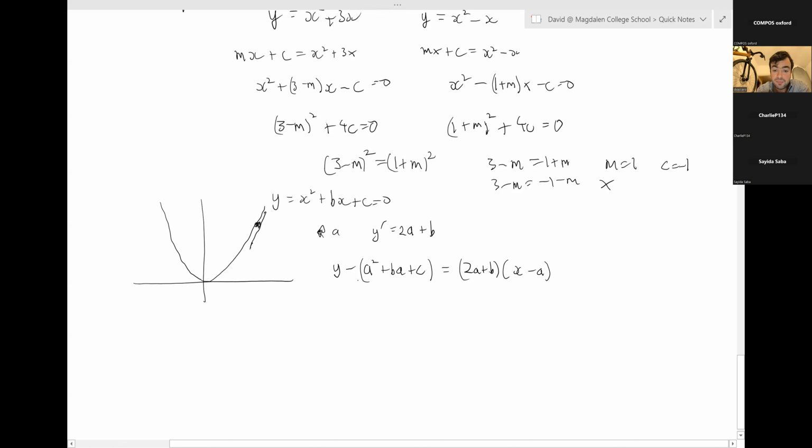Okay. And so then what you've got is a straight line, which is (2a plus b)x plus a squared plus ab plus c minus 2a squared minus ab, I'm just opening the brackets here.